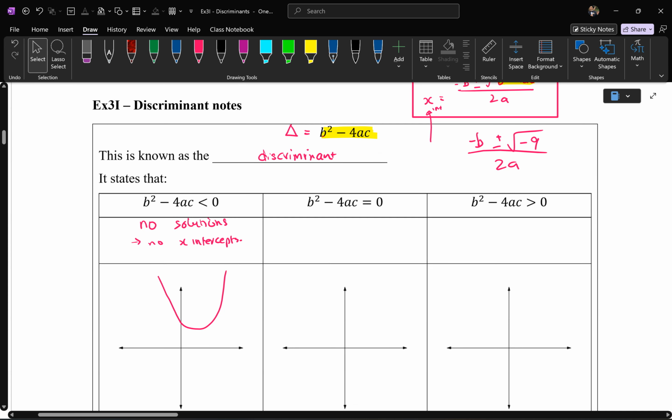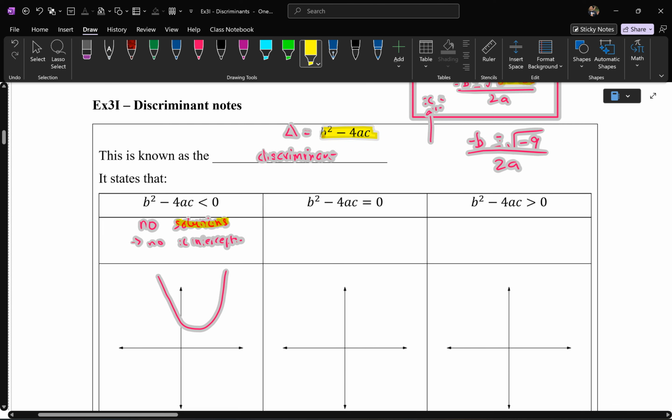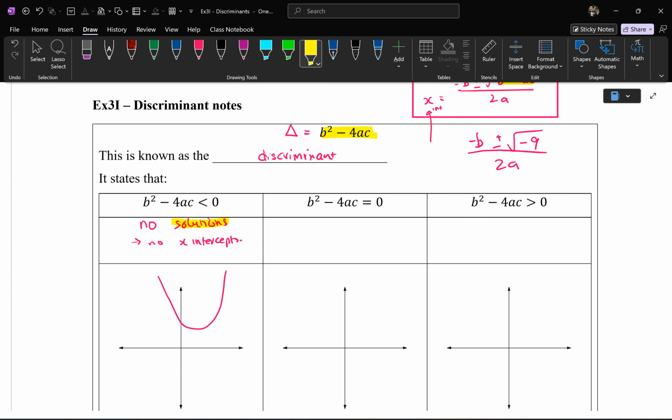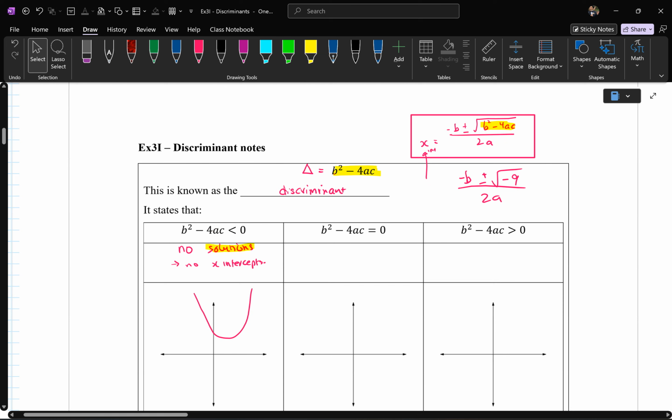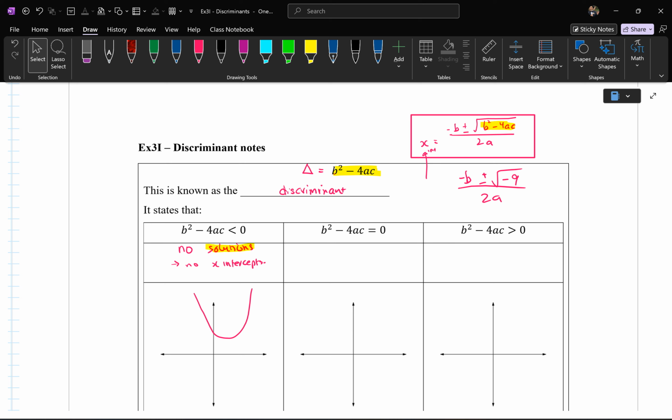Notice the language. Why do we say no solutions rather than no x-intercepts? Because when you solve the quadratic formula, there would be no solution. You can't solve for it. It is true. Actually, I should probably guide you on that. There's a reason why they say no solutions, no x-intercepts instead of just no x-intercepts.